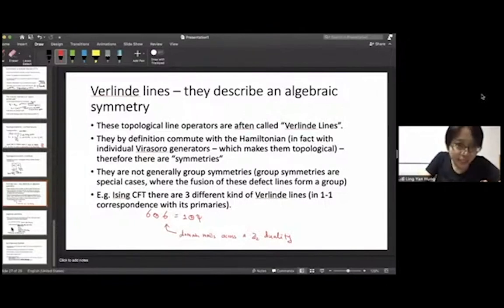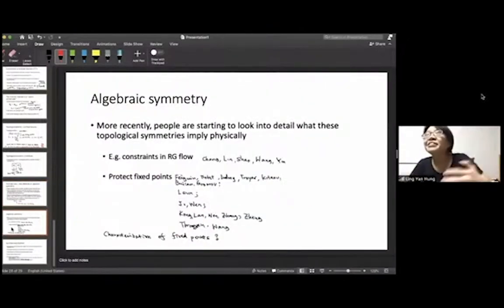And why are these topological defects interesting? More recently, people looked into these topological defects again, and they realized that you can think of them as symmetry, because they commute with all the Virasoro operators.